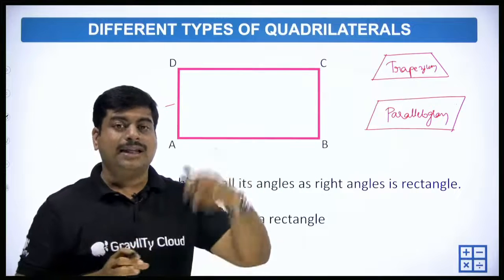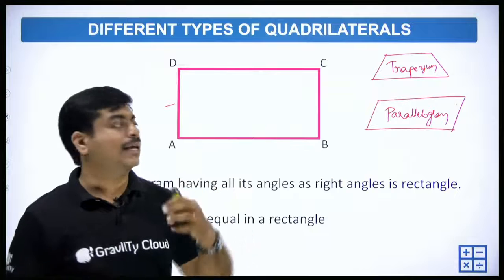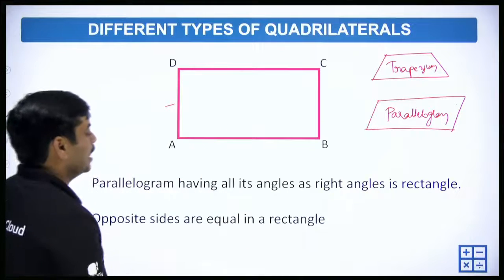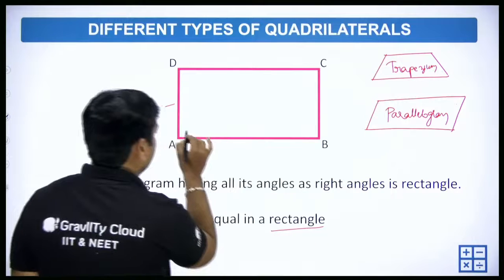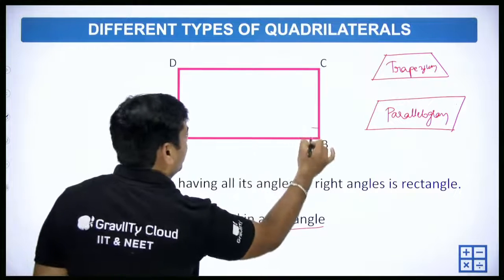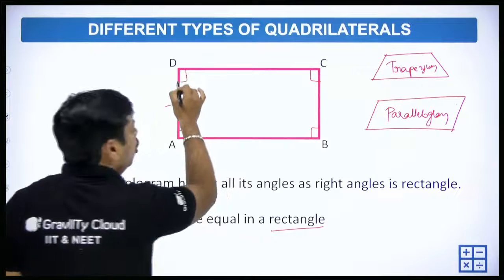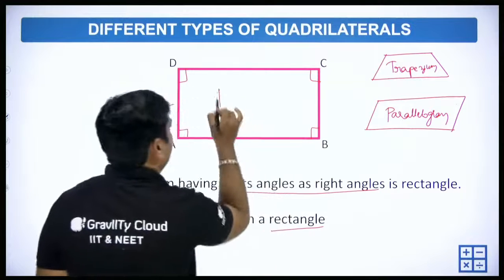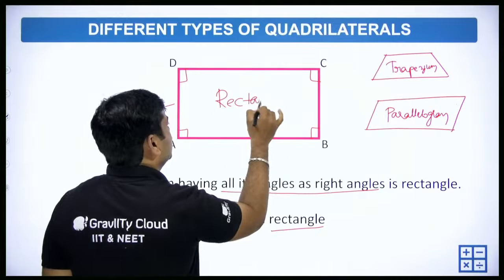But in case that parallelogram has right angles, we say that is a rectangle. This is one right angle, right angle, right angle, and right angle. So all its angles being right angles, we say that is a rectangle.